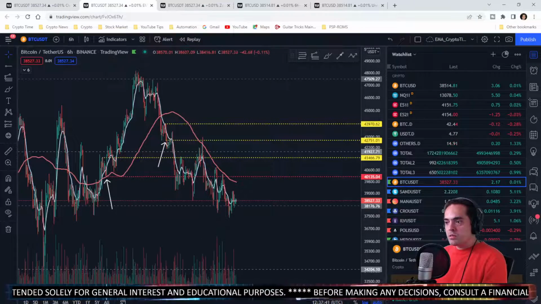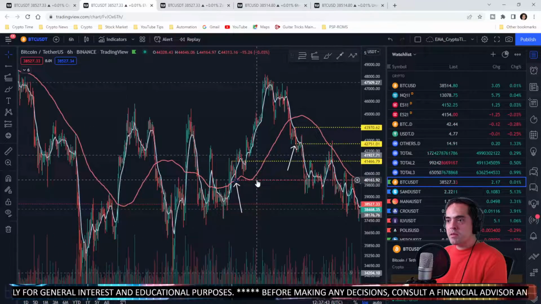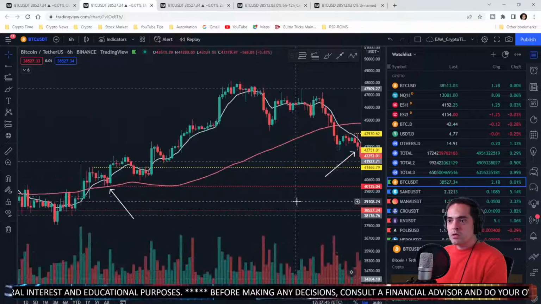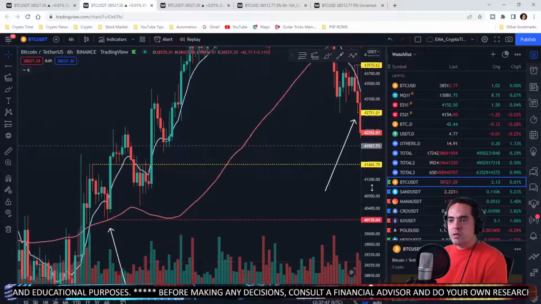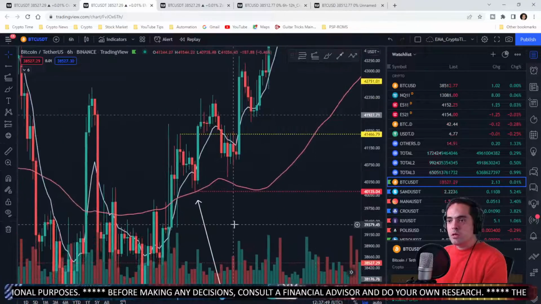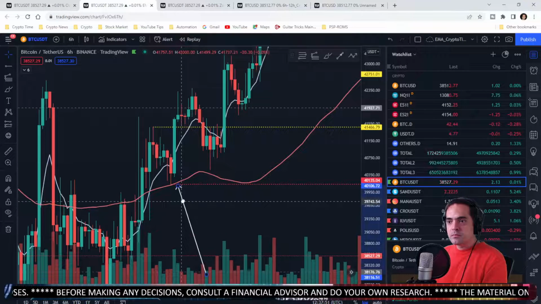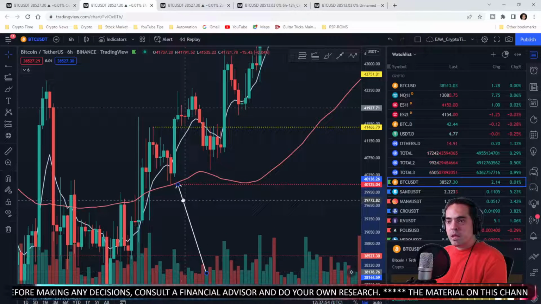Yeah, those two. So it's the same thinking again. So let's zoom in. So for the long position, you can see here is our entering point.